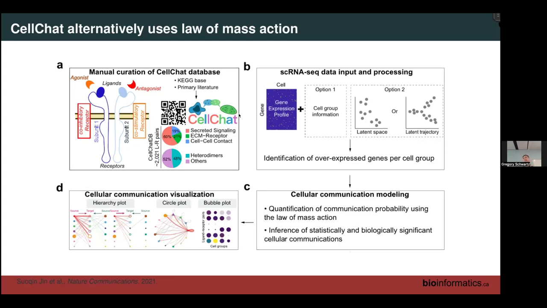And again, you'll see this very common theme where you get the ligand-receptor pair database. You pass that through to your data where you get the cell groups like those clusters, either through clustering or through the latent space that you cluster on top of, and you get those overexpressed genes per cell group. And then this is where they have this new model.